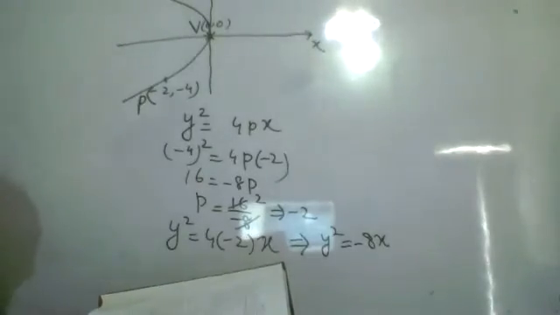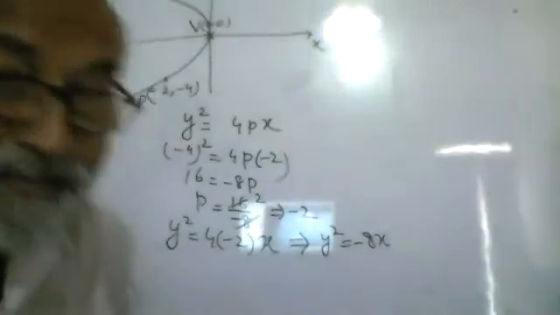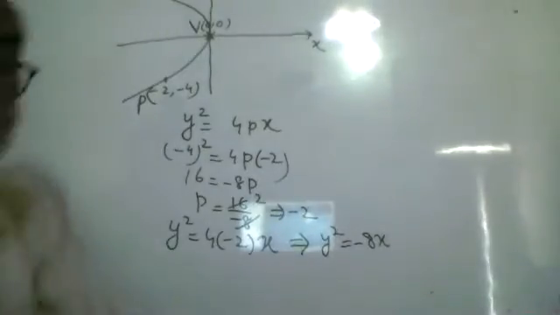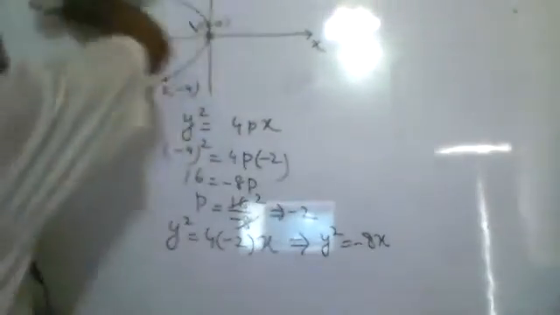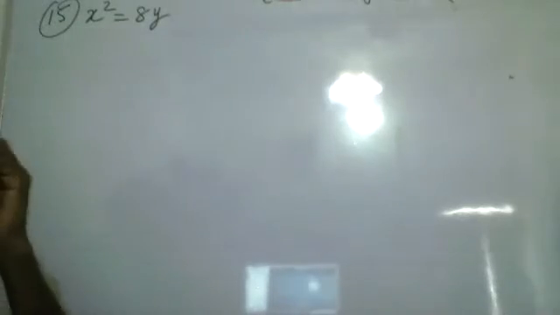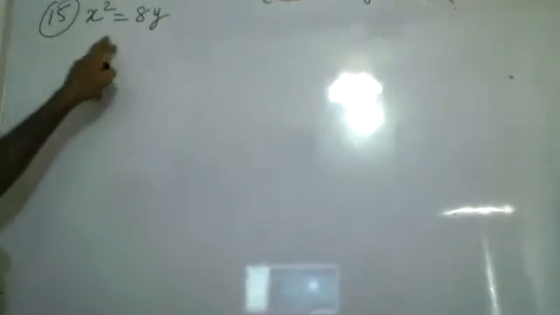Question number 15, x square is equal to 8y. So x square is equal to 8y.